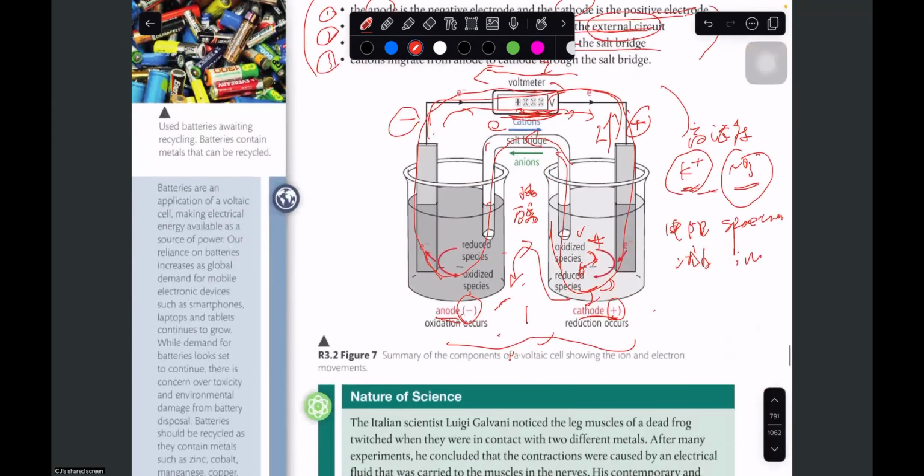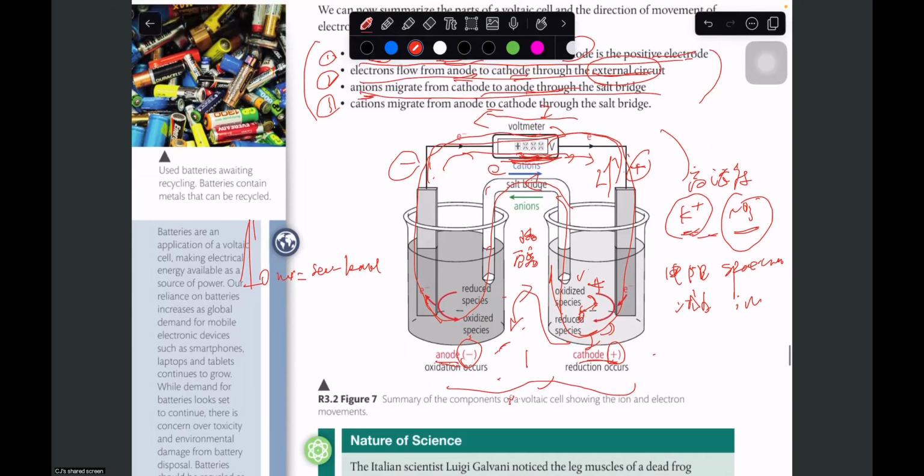Just like when we measure the height of a mountain, we need to set the standard at the zero meter point. Actually, we use the sea level, right? We use the sea level as the 0 meter point. So based on this line, we can measure any mountain's height. In chemistry, we can measure the voltage of any half cell by setting a zero potential point.